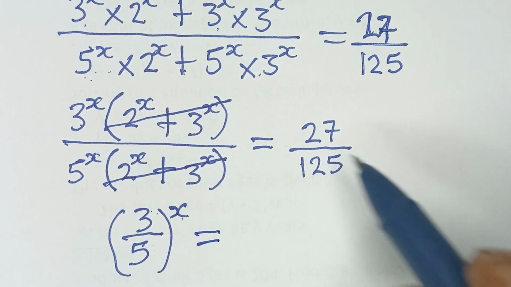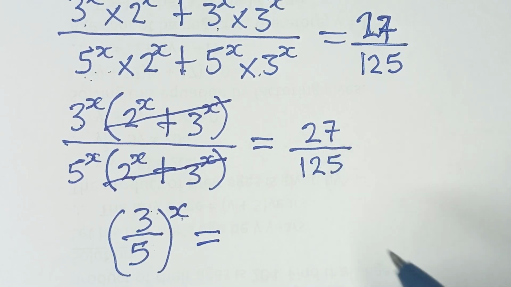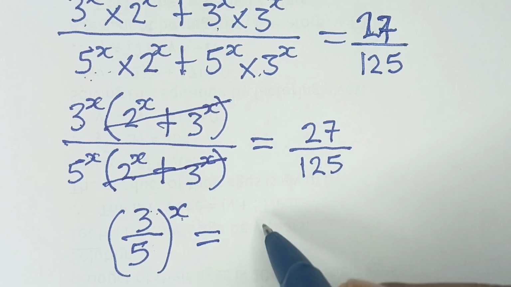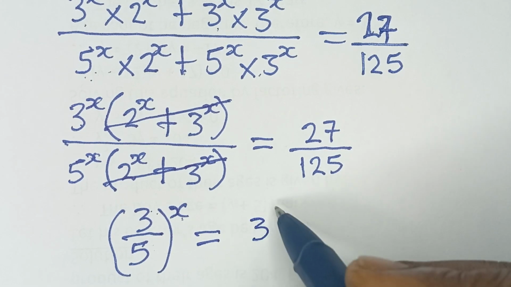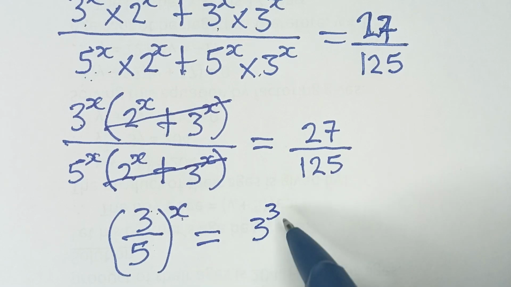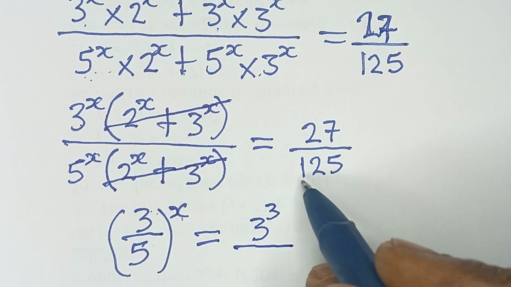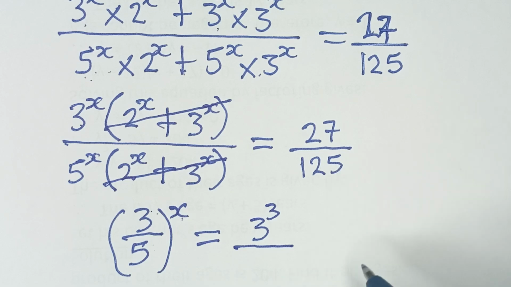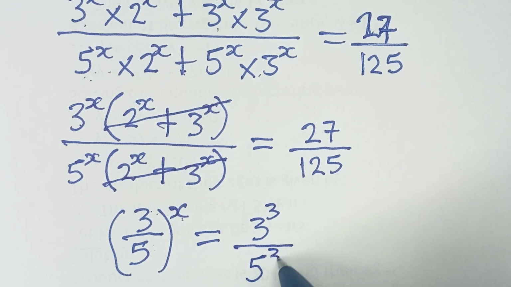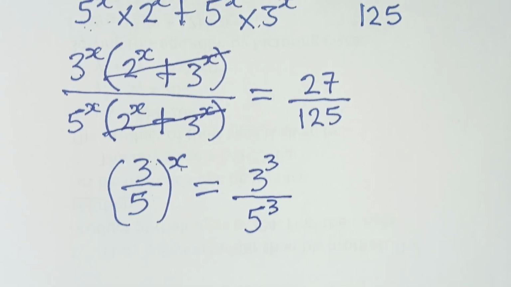Then if you look at this 27, we can break it to a base of 3, so that 27 becomes 3 raised to the power 3, because 3 raised to the power 3 will give us 27. Similarly, we can also break 125 to a base of 5, and that will be 5 raised to the power 3, which will give us 125.